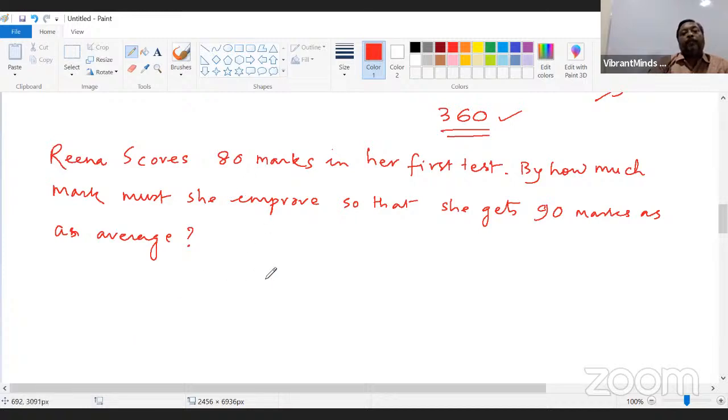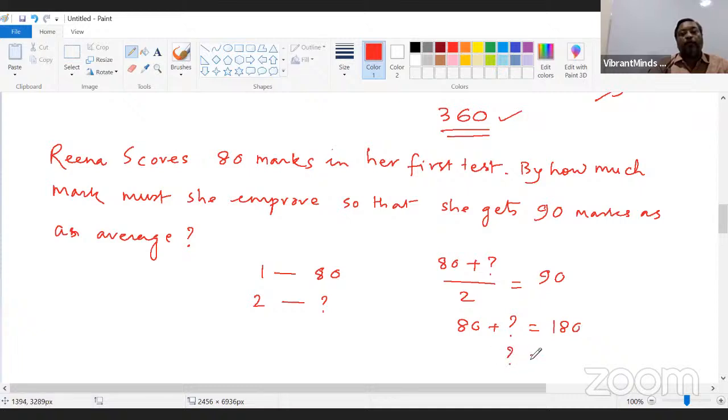Now see, in the first test, she has scored how many? 80. But in the second test, we don't know, but we know how many marks she has achieved. So it is 80 plus something which we don't know, divided by 2, and that gives you 90. So 80 plus question mark is how much? 180. So question mark is equal to how much? 100.